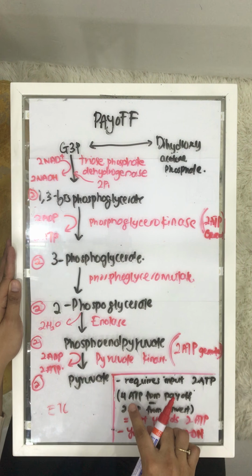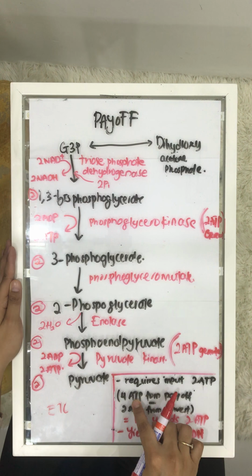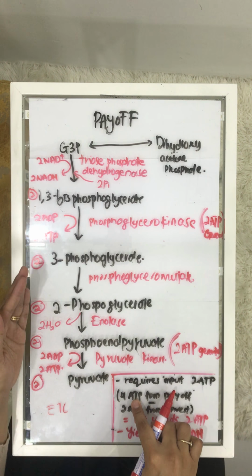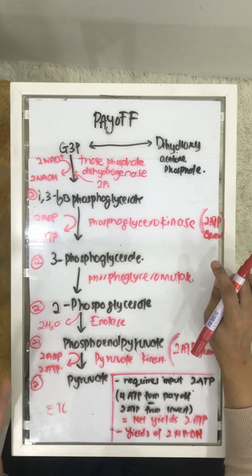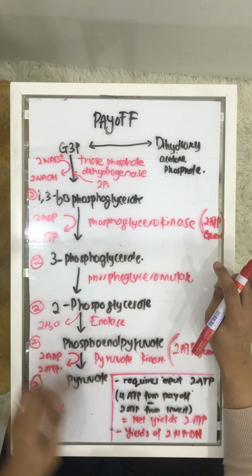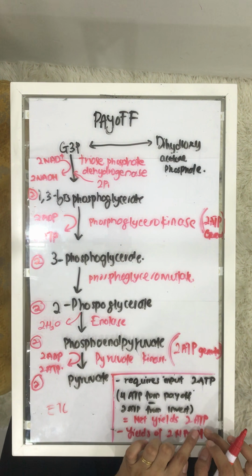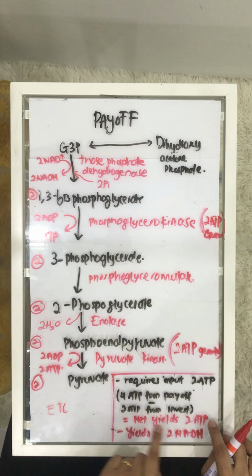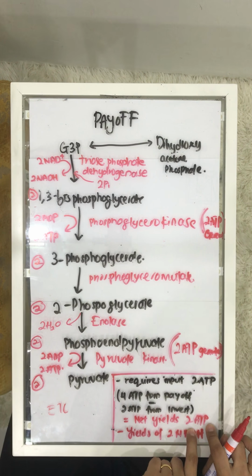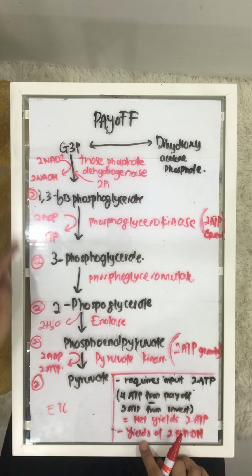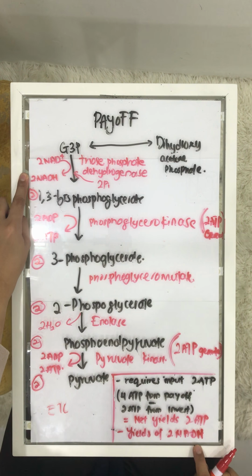So there are 4 ATP generated in the payoff phase, minus 2 ATP used in the investment phase. So the net yield is 2 ATP, 4 minus 2, so the net yield is 2 ATP in glycolysis, and the yield of NADH is 2 NADH, right?